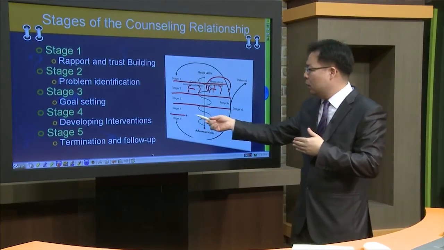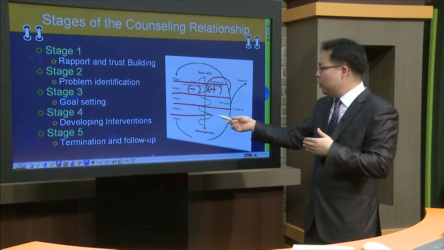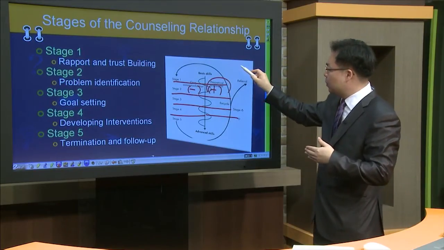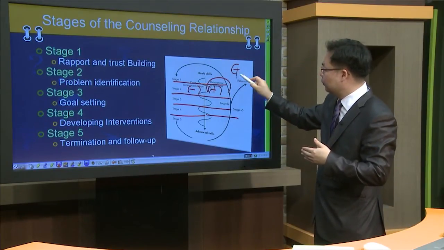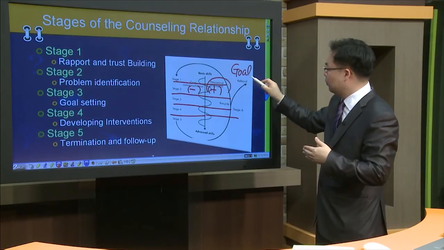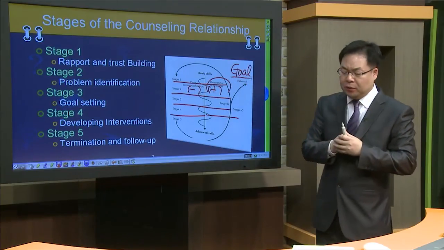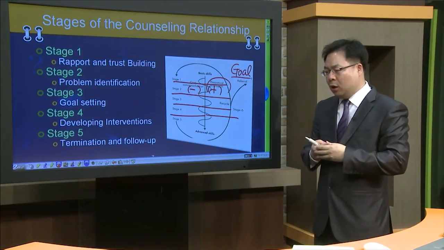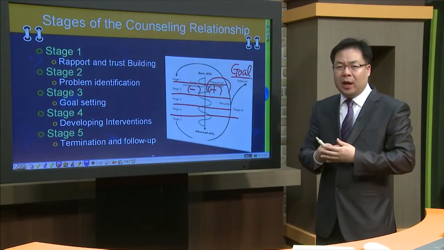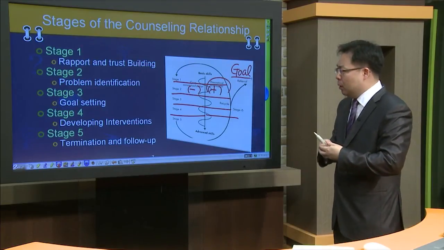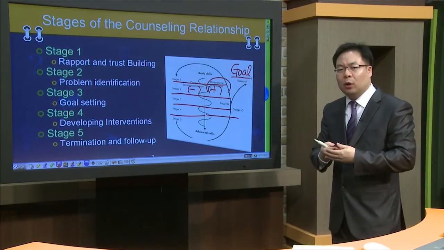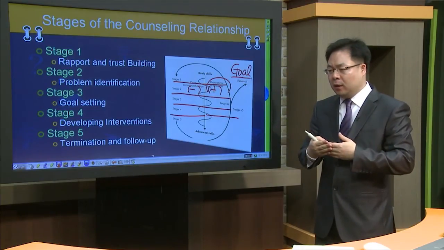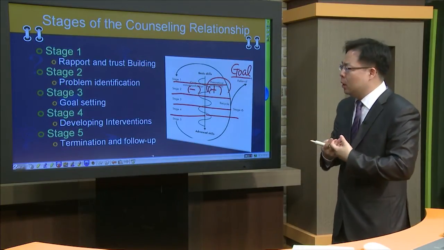Number 4. If there is a goal here, let me make some example. Okay, if I have a client who wanted to study abroad after graduation, the client's goal is to study abroad for getting a master's degree.